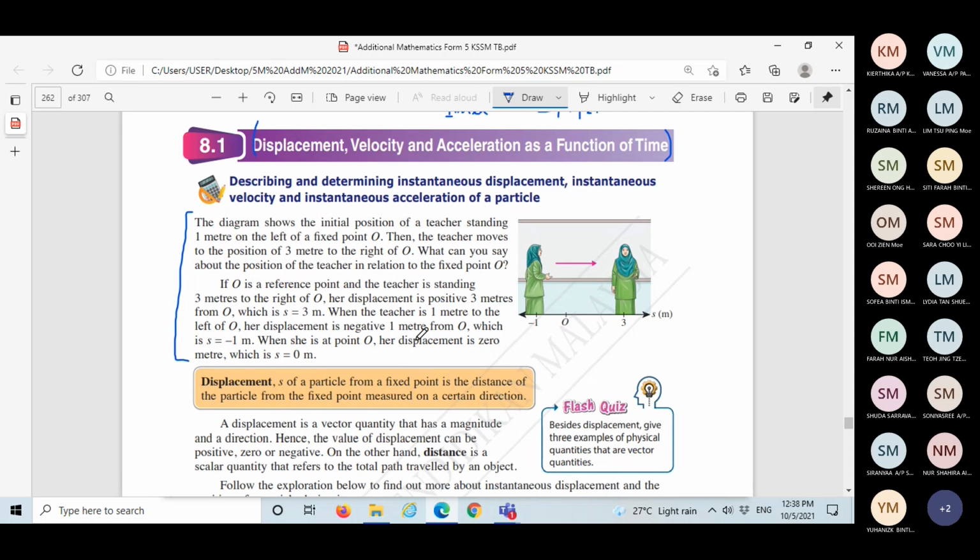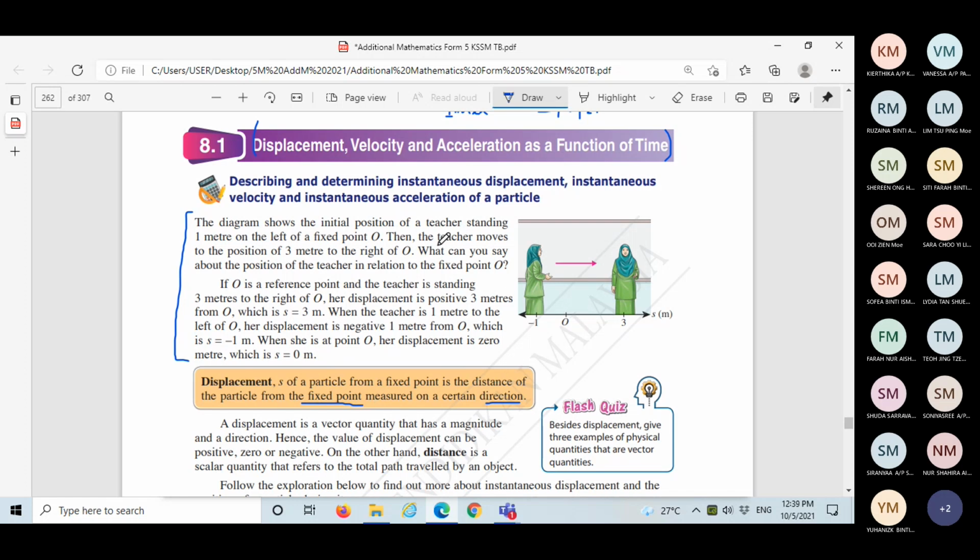Because just now, as I mentioned, displacement is a vector quantity, therefore you will have a magnitude and also a direction. In this case, the diagram shows the initial position of a teacher standing 1 meter on the left of a fixed point O. Always you will have a fixed point.